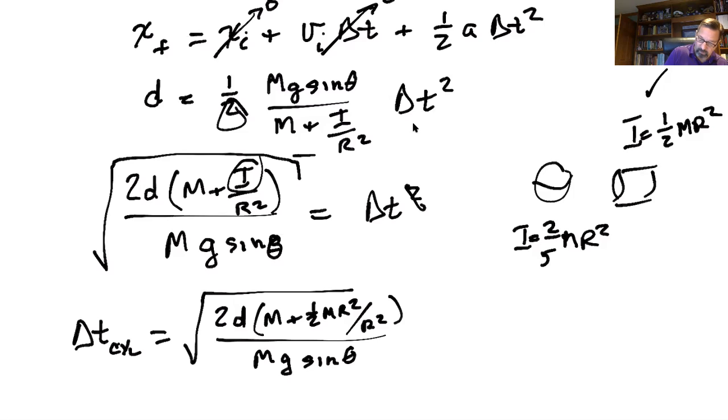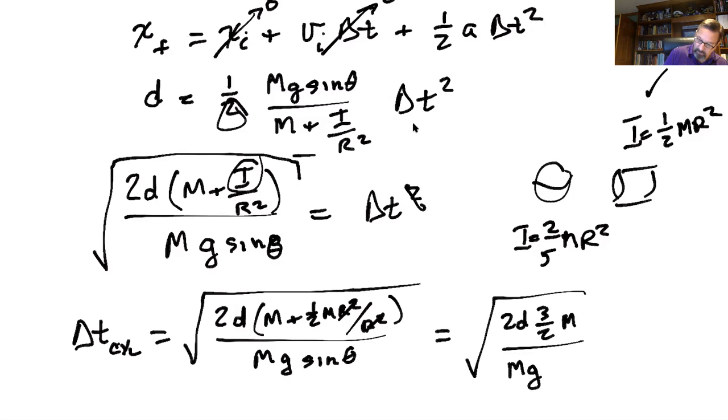Again, fixed angle, all that. Look what happens here. The r squareds cancel. And in the numerator, I now have m plus 1/2 m, that's 3/2 m. So I've got 2 times d times 3/2 m, all that over mg sine of theta.